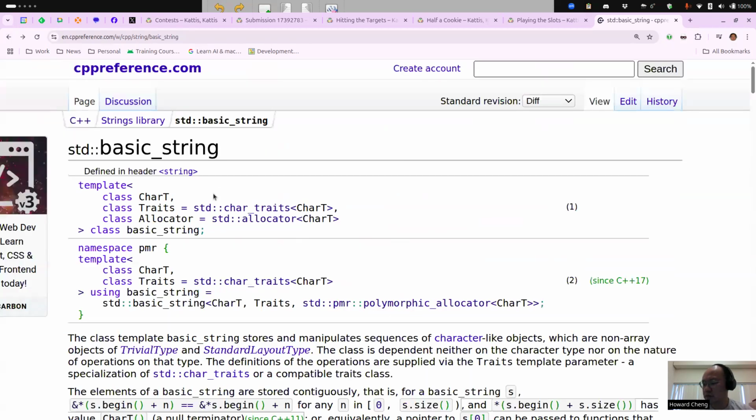Let me see if I can find it somewhere. What is this DR star?